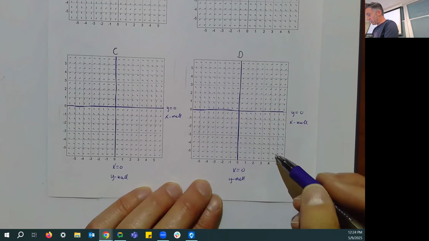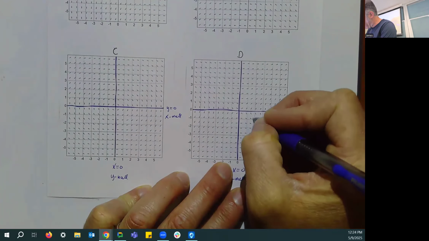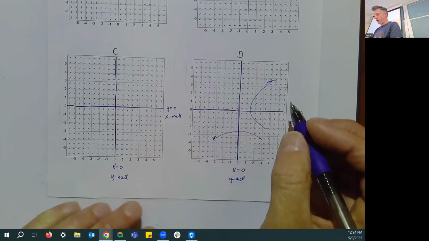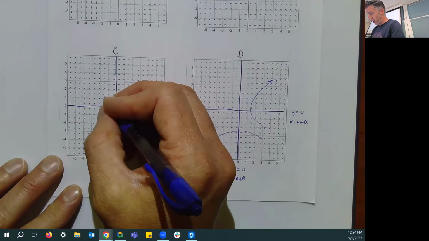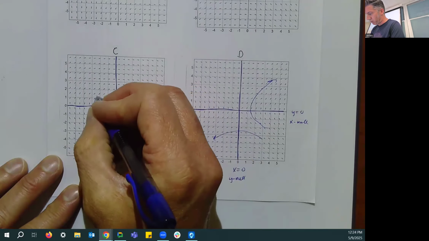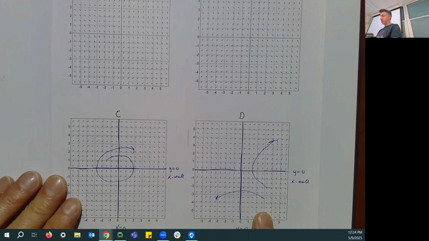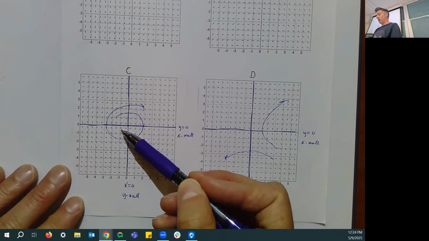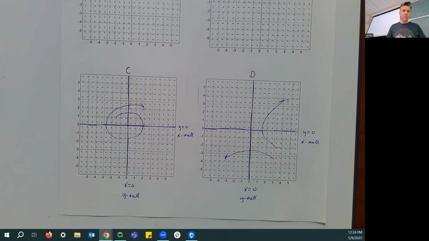So you've got things pointing in and then away. If you follow a trajectory here, we're going in and away, and then in and away like that. Whereas the C here definitely looks like a spiral, right? We are spiraling around. It might even be a neutral spiral. I can't quite tell based on the arrows. So whichever one of these systems has complex eigenvalues is going to end up going with C, and whichever system has real eigenvalues is going to go with D. So let's figure that out.